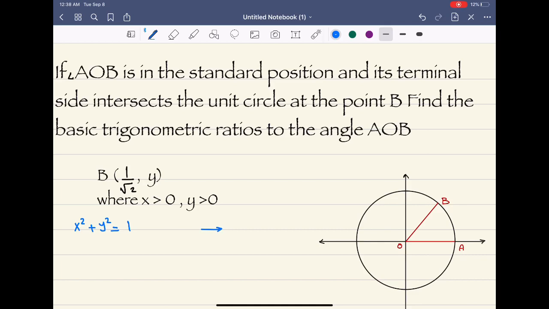Therefore, (1 over root 2) squared plus y squared equals 1. Therefore, y squared equals half. Therefore, y equals positive or negative 1 over root 2. And we know that y is positive. Then y equals 1 over root 2.